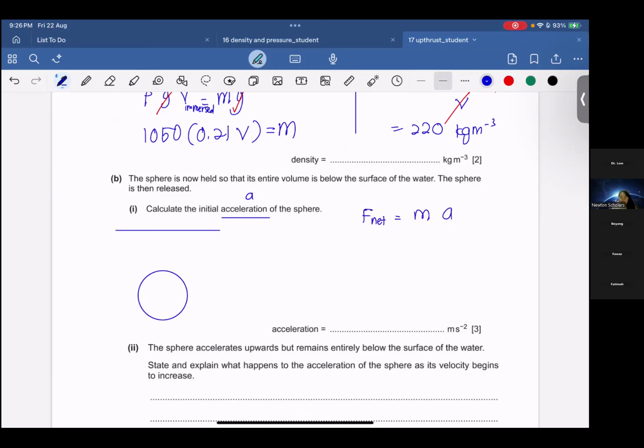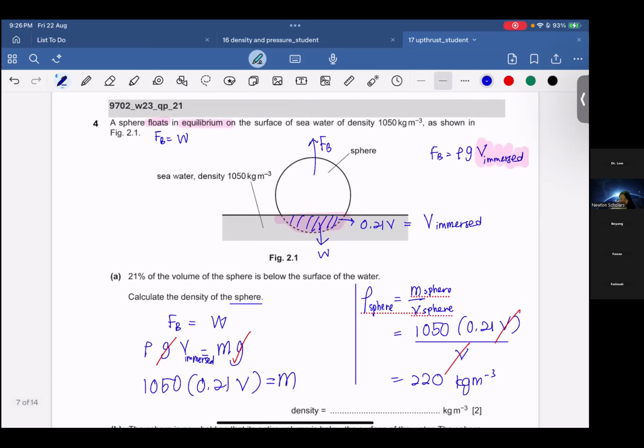Net force here, we have the weight. Then what else? We have the buoyant force. Here, the buoyant force has already changed. Why?